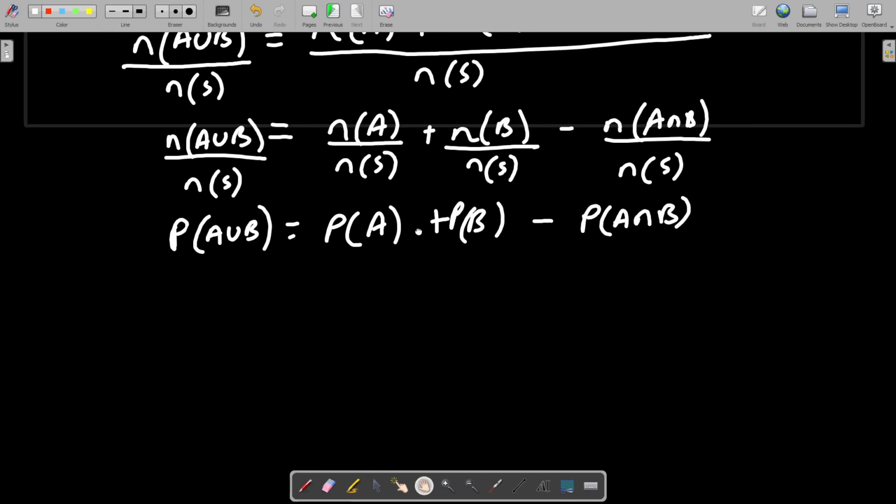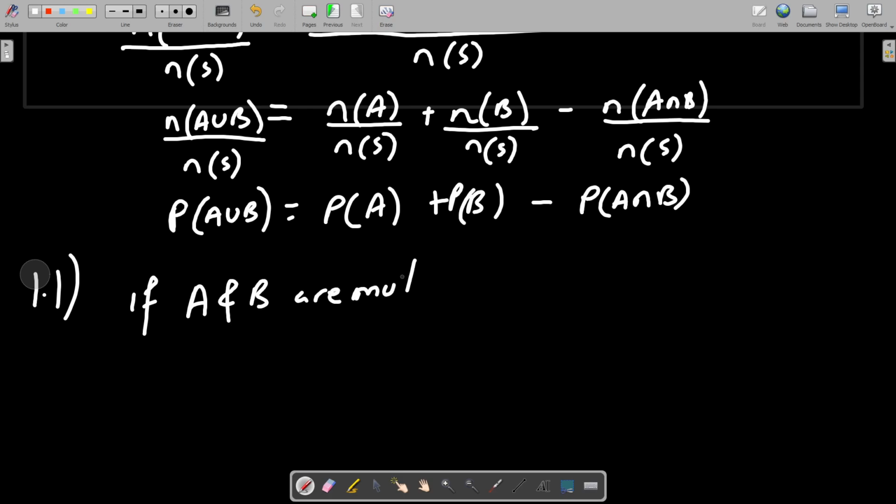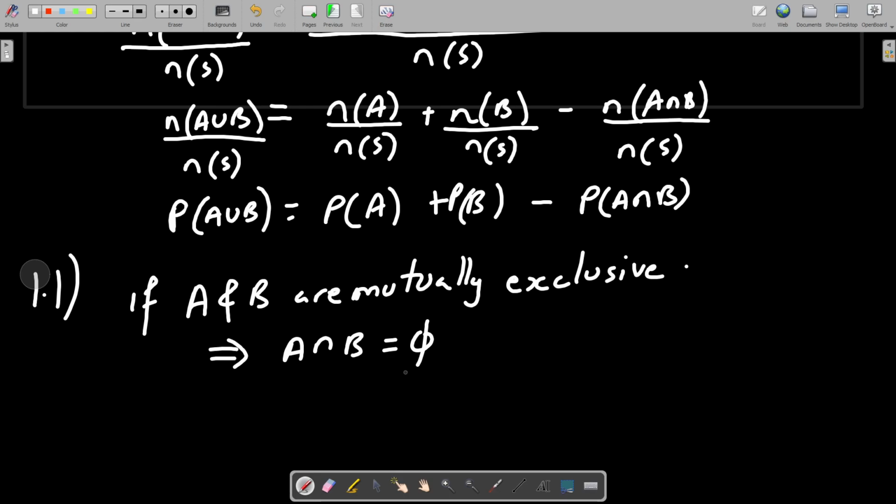Okay, so moving on. Moving on now, for case 1.1, if A and B are mutually exclusive, this will imply that A intersection B is empty.